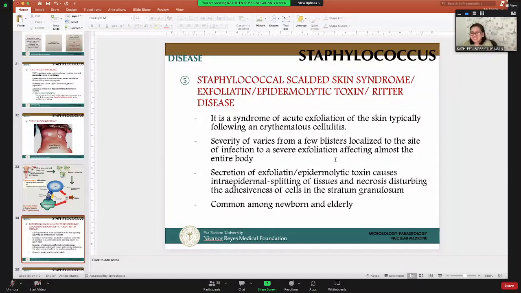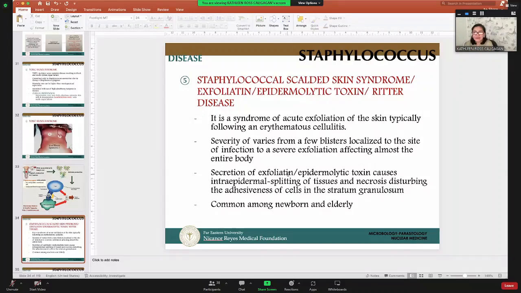It is a syndrome of acute exfoliation of the skin, typically following an erythematous cellulitis. Severity may vary from a few blisters localized to the site of infection to a severe exfoliation affecting almost the entire body. This is due to secretion of the epidermolytic toxin.